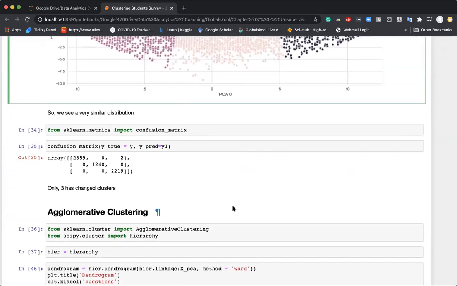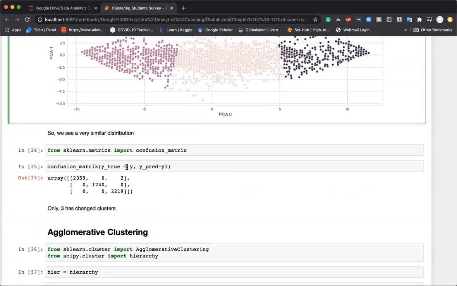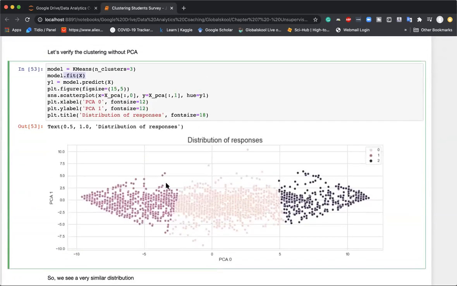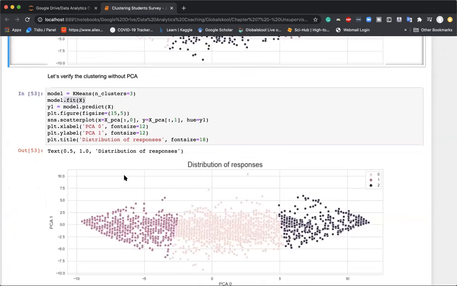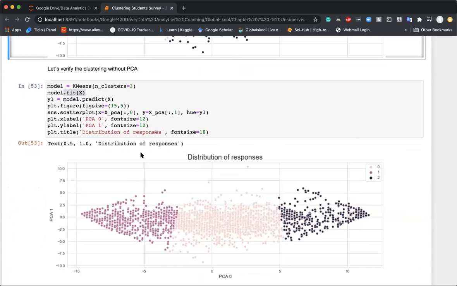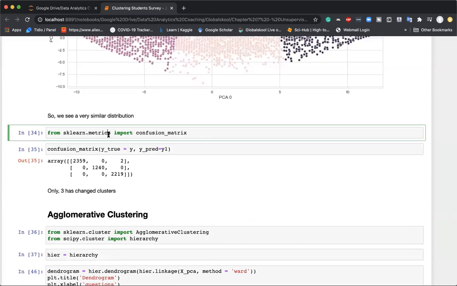Let's go ahead and look at the confusion matrix. That is, if I take the clustering based on PCA and the clustering based on all the data points, how many cluster assignments have changed? How the values have changed.